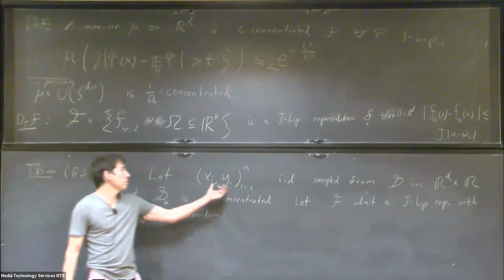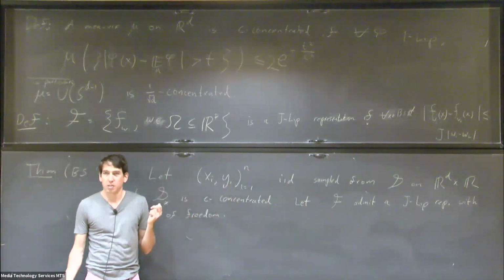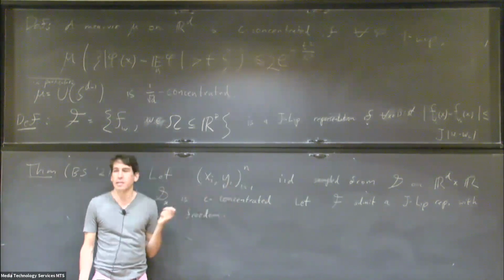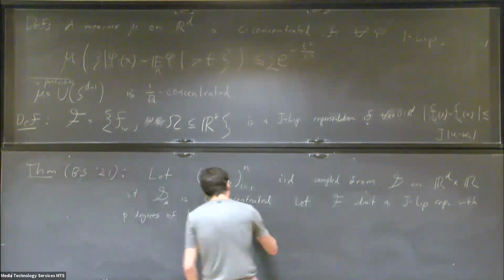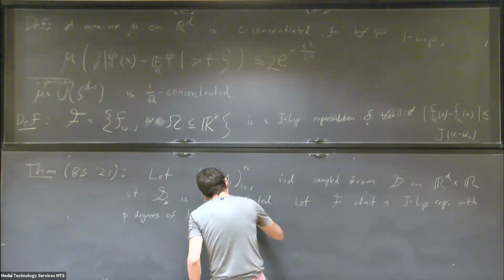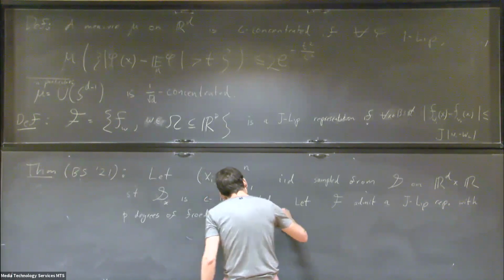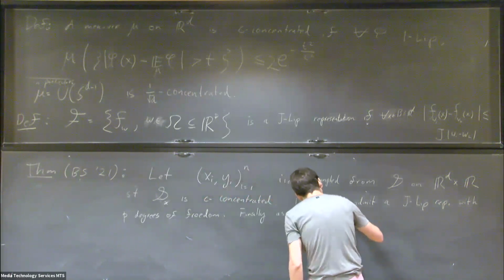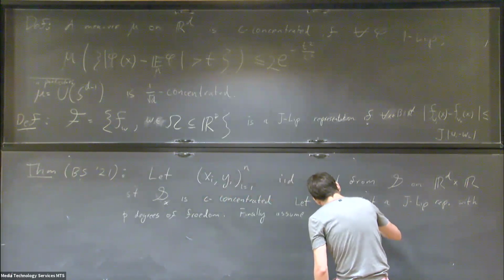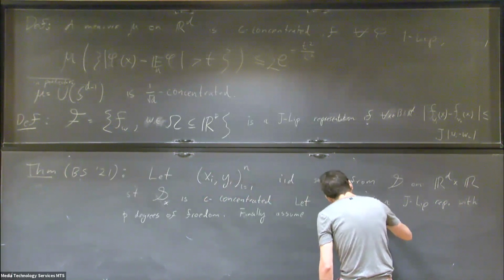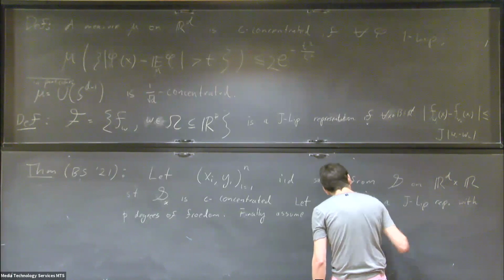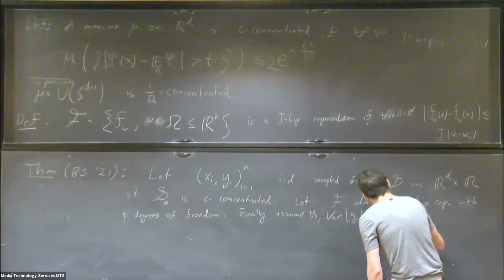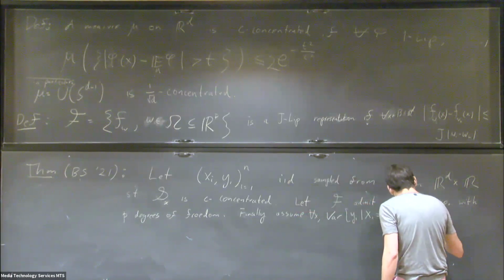Now we only have to assume also something on the Y's. So if the Y's are just constant, of course, we can fit anything. We want the Yi's to have enough noise. Finally, assume that the variance of Yi conditioned on the fact that Xi is equal to any x is at least sigma squared.